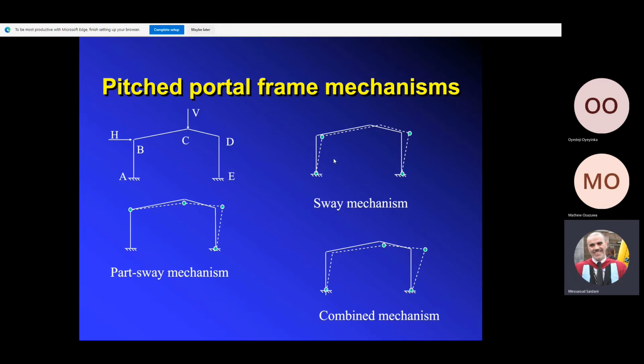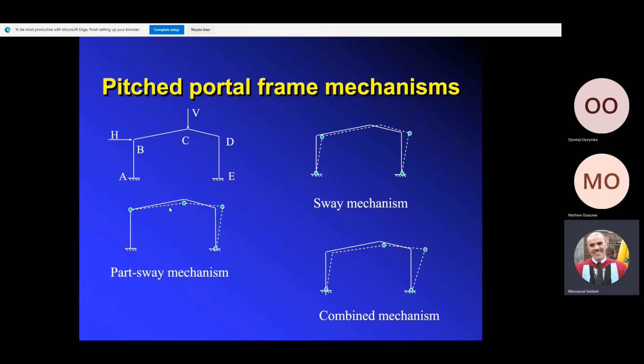The other possible mechanism that you get with pitch roof frames is that with the load V pushing down, this column remains vertical, straight, and part of the frame will sway. That will give us this mechanism.